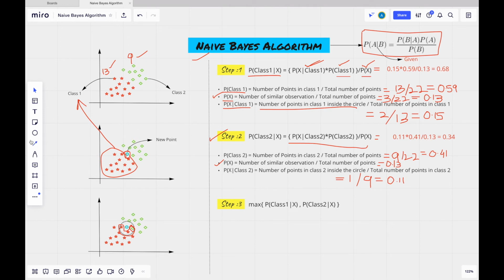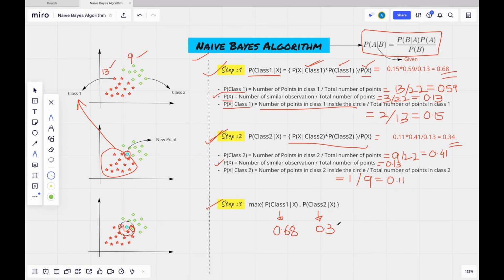The next step is to find the maximum between these two. Firstly we found that the probability of class 1 given that x has occurred is 0.68. Then the probability of class 2 given that x has occurred is 0.34.